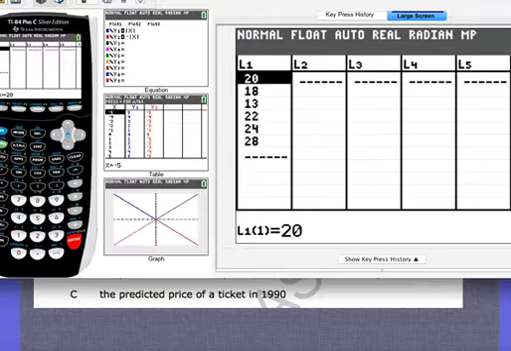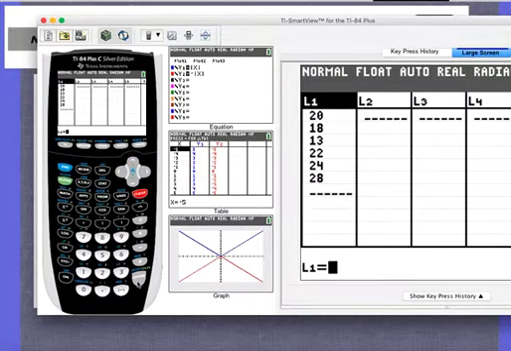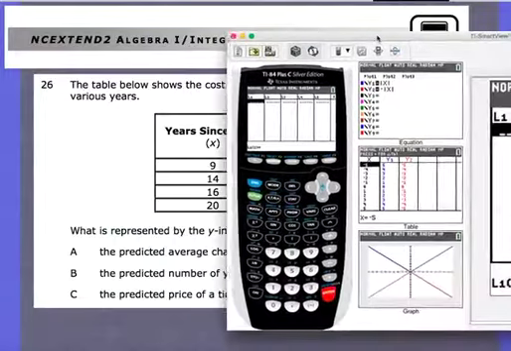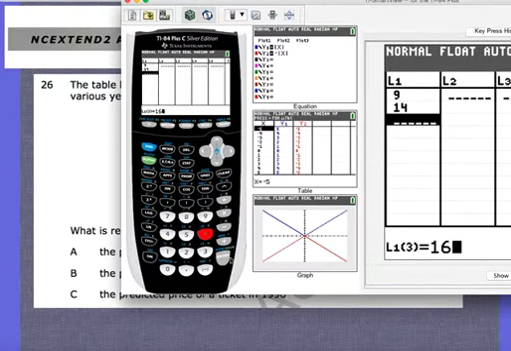We're going to clear out anything that you see in L1 or L2 by hovering over L1 or L2 and hitting clear and then enter. And then you're going to let your x values be your L1s. So you would have 9, 14, 16, and 20.